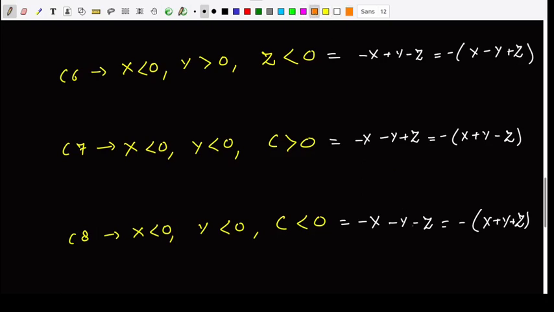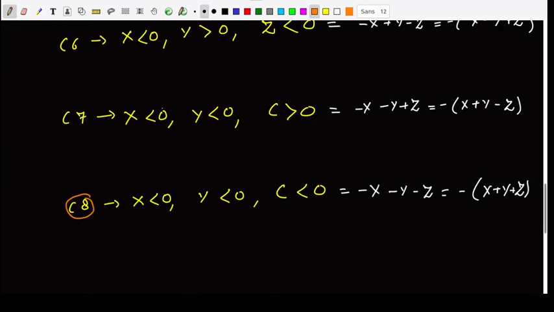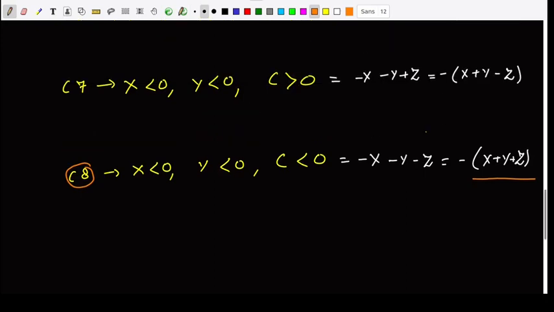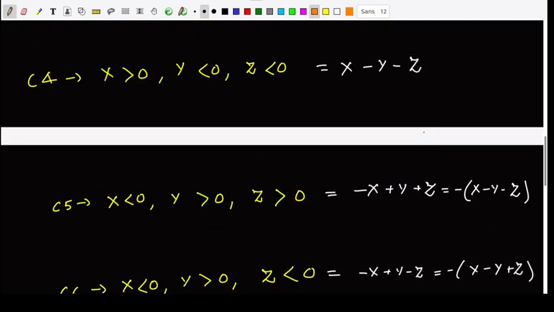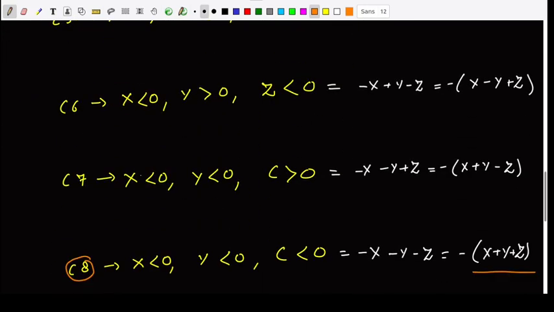Okay. So let us compare case 8, the value of negative of x plus y plus z, with case 1. Case 1 is basically x plus y plus z. So case 1 and case 8 are the same, with the exception that case 8 has a negative of x plus y plus z, right? Similarly, if you look at other expressions, case 2 for instance, x plus y minus z, and case 7 is minus x plus y minus z.